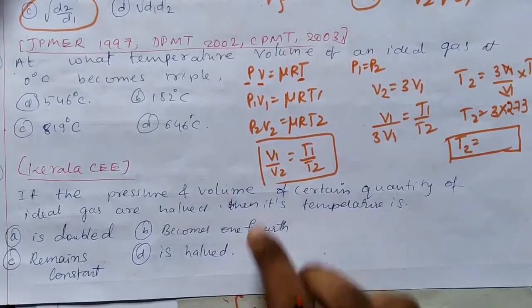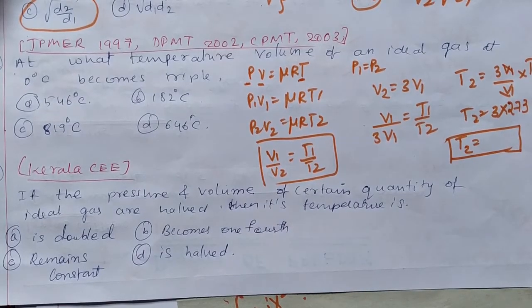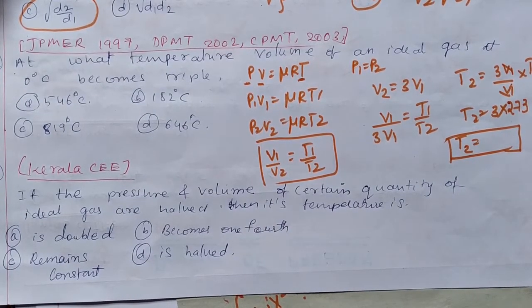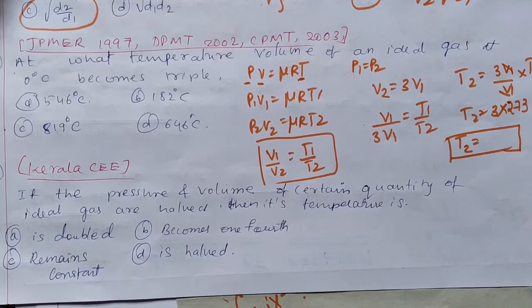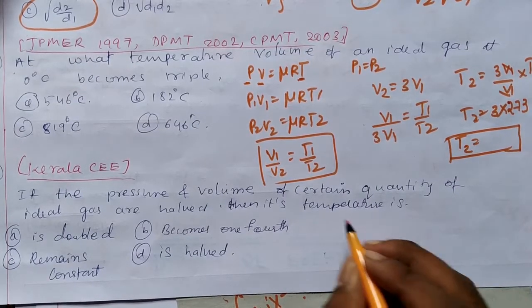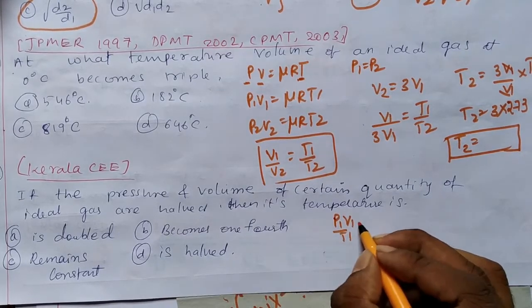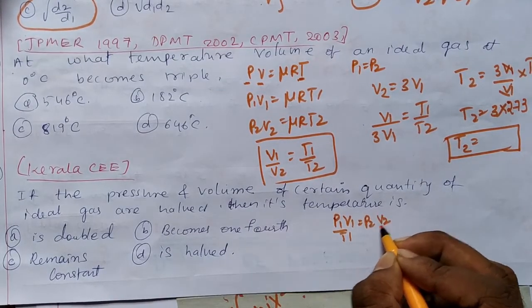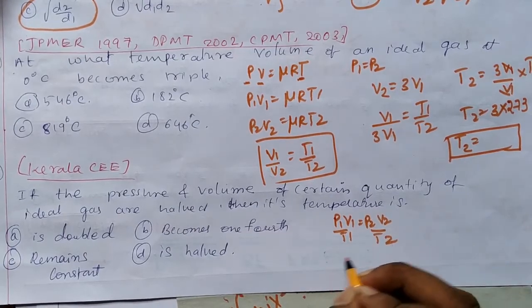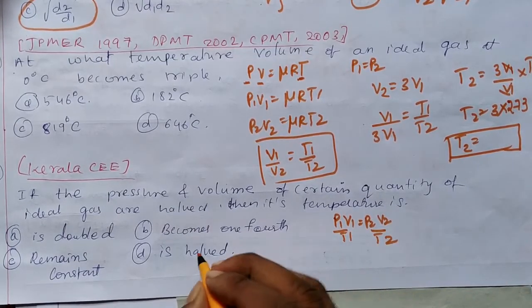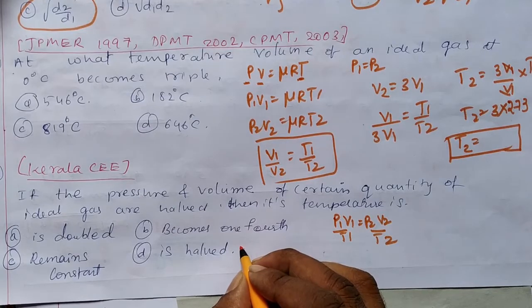If the pressure and volume of a certain quantity of ideal gas are halved, then its temperature is? Okay. See, actually we have the formula P1 V1 divided by T1 is equal to P2 V2 divided by T2. That means temperature T2 we have to calculate now.